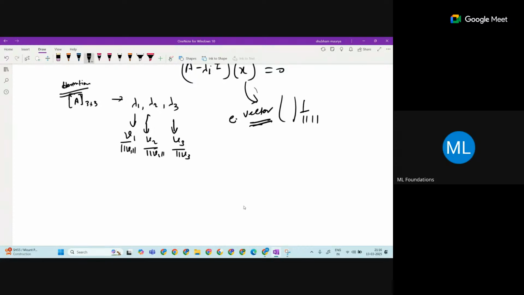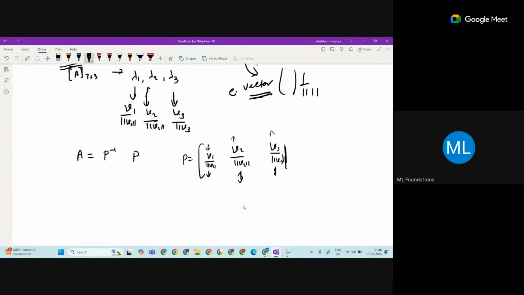Now what you will do, you can write A as P inverse AP, where P is a matrix whose columns are V1 over norm of V1, V2 over norm of V2, V3 over norm of V3, the normalized vectors you will get. That is going to be your P.